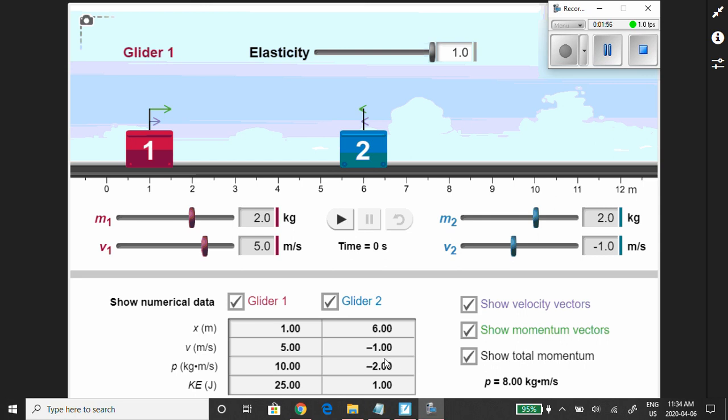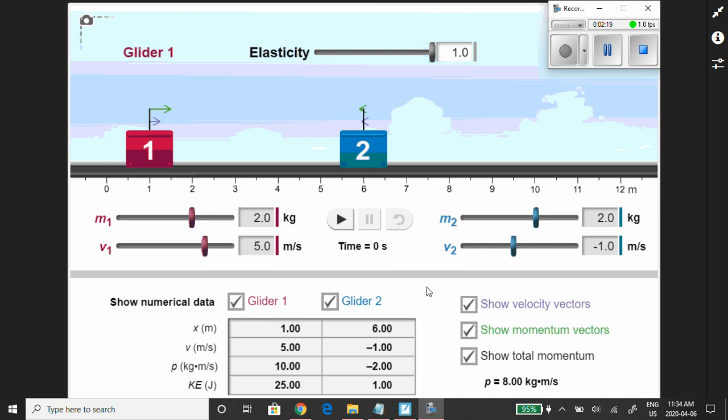There it is, negative 2 kilogram meters per second, a vector, and its kinetic energy, scalar, 1 joule. So if you were to add up the kinetic energies here, we would get 26 joules. And if we were to add up these momentums, 10 and then negative 2, we would get 8 kilogram meters per second. This is all before the collision.